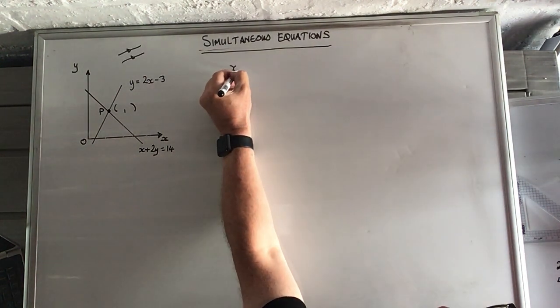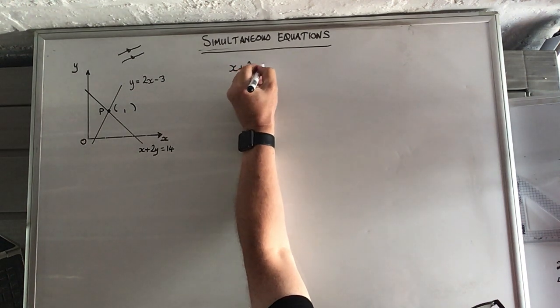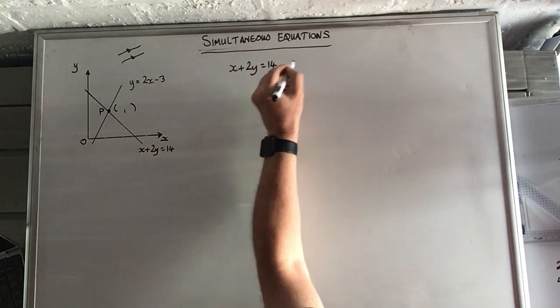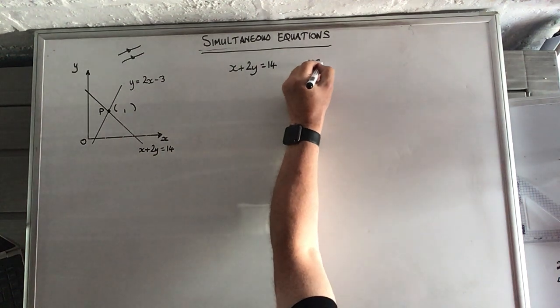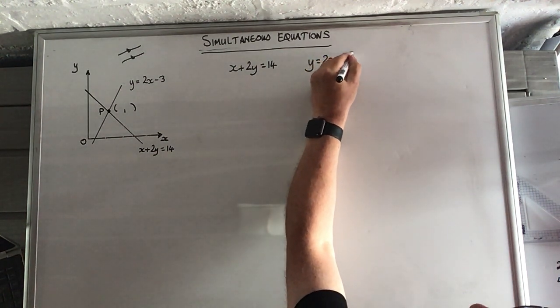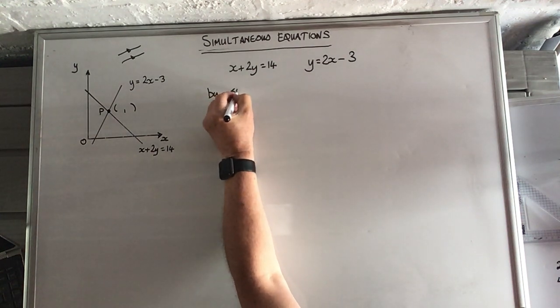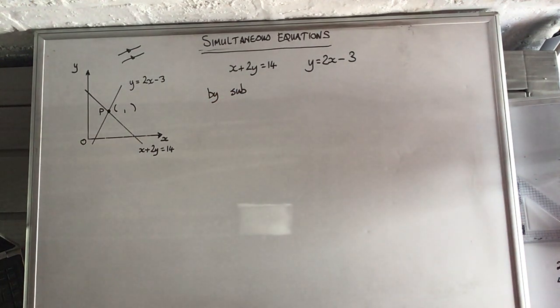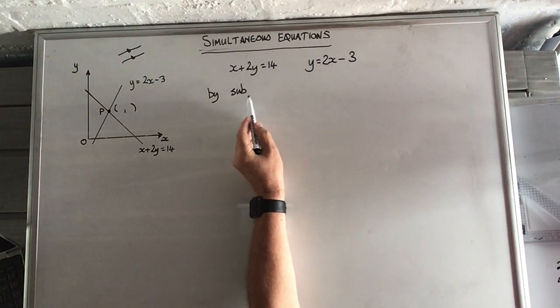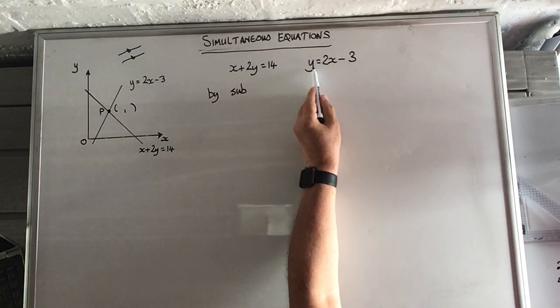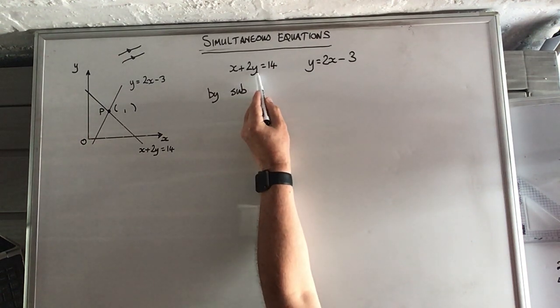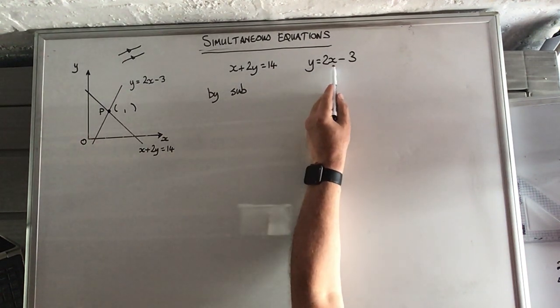So we've got x plus 2y is equal to 14, and we've got y is equal to 2x minus 3. Now, by substitution, so just by sub, what we're going to do is replace the y value here with 2x minus 3.